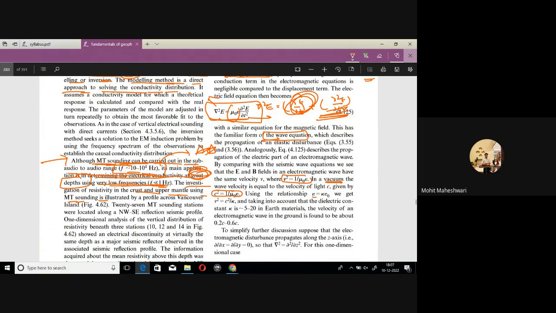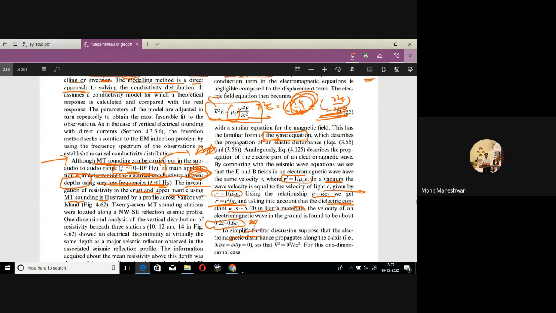And we know that epsilon is k times epsilon 0, where k is the dielectric constant. So you can take this formula also. The dielectric constant for the earth material is normally 5 to 20, but for water, this is 80. So for rocks and minerals, the electromagnetic wave velocity is from 0.2 c to 0.6 c.